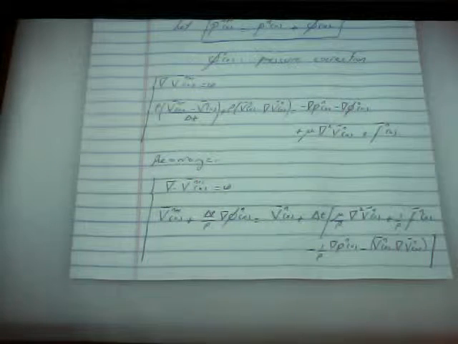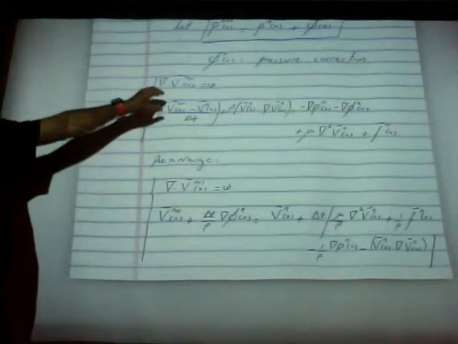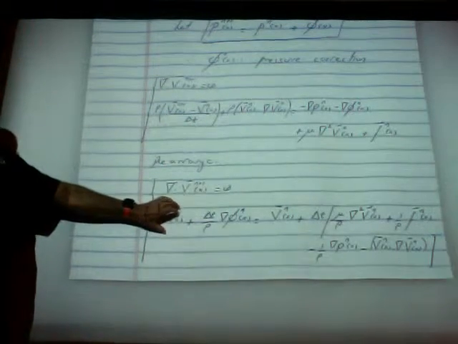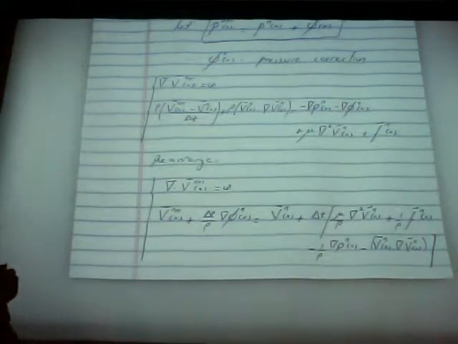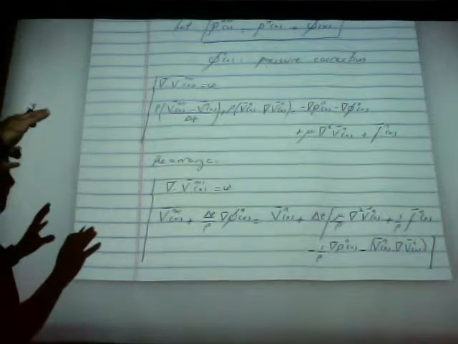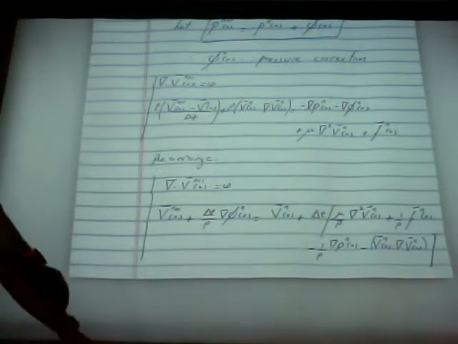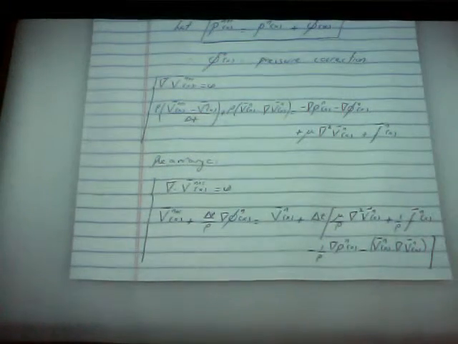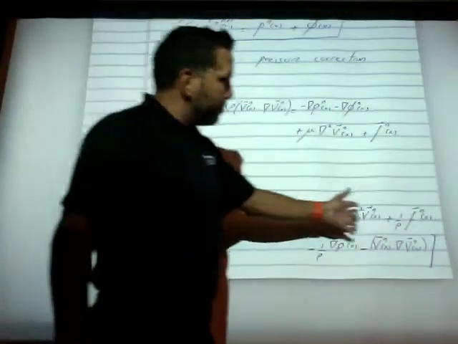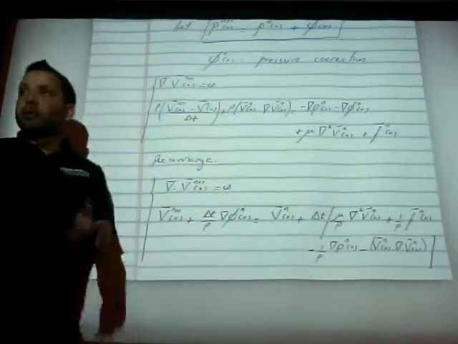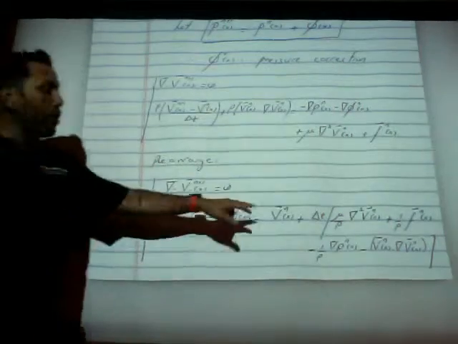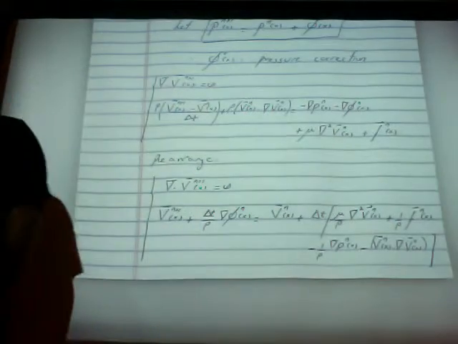Is that clear? What we're doing is rearranging things, right? We're keeping this velocity on the left because that's what we want to solve for. We want to advance in time. And we're pushing everything at time step n to the right-hand side. We're going to make this explicit. And notice that this stuff we know from an initial condition. From the previous time step, we know the velocity, we know the pressure.